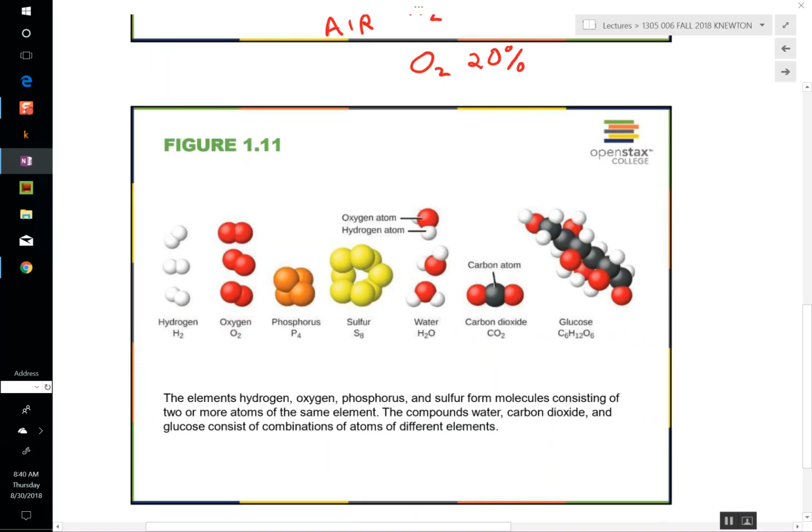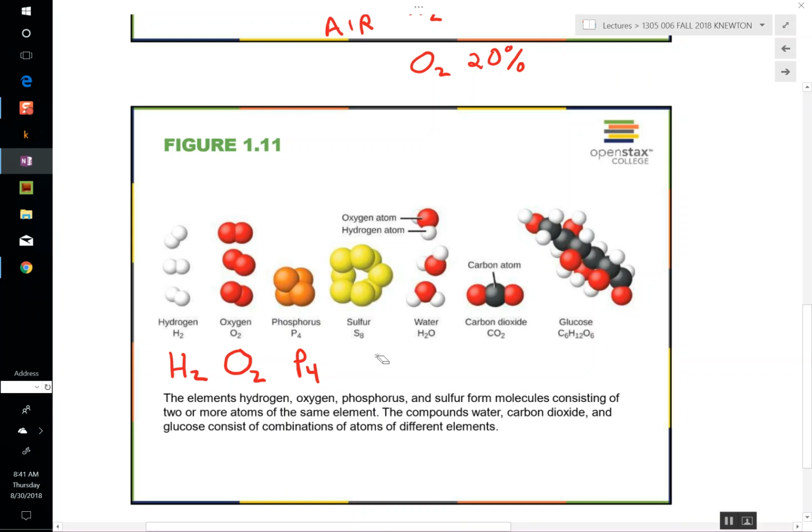All right, so we're already starting to see a little bit at the atomic or molecular level. Hydrogen, we're depicting that as H2. I'll write these a little bit bigger here. Oxygen, O2. Phosphorus, pure elemental phosphorus: 4 phosphorus atoms will associate with one another into this little quad.